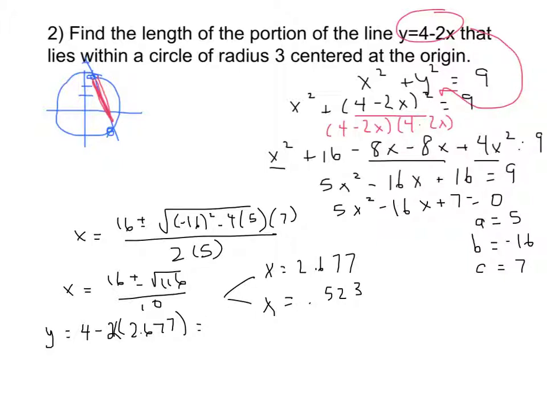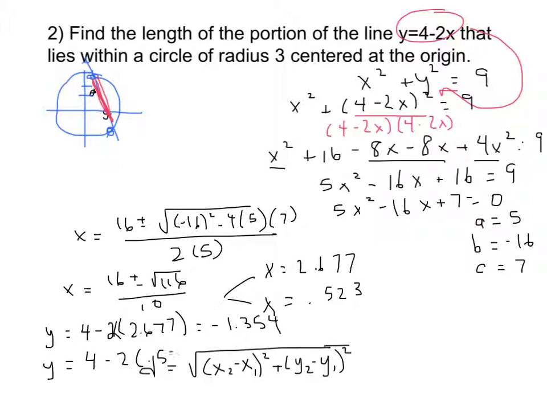And when I plug that in, I'm going to get that y is equal to negative 1.354. So that's one coordinate. For my other coordinate, I'm going to plug in x equals 0.523. So I have y equals 4 minus 2 times 0.523. And this is going to give me the y coordinate of my second point, which is 2.954.